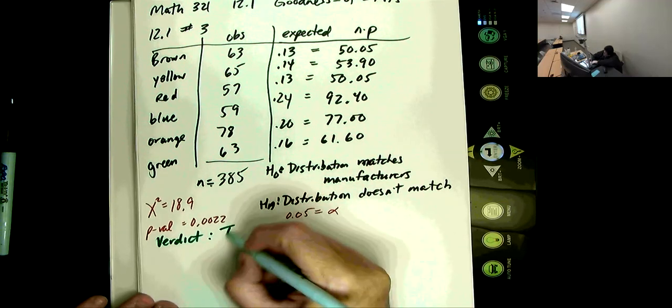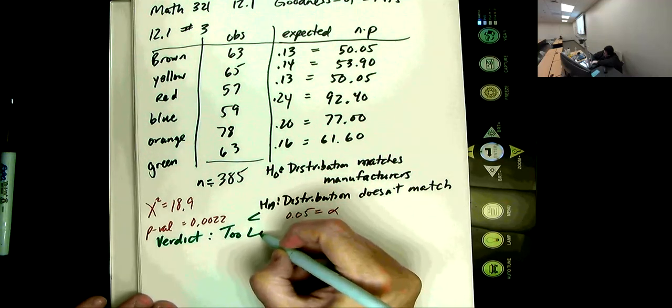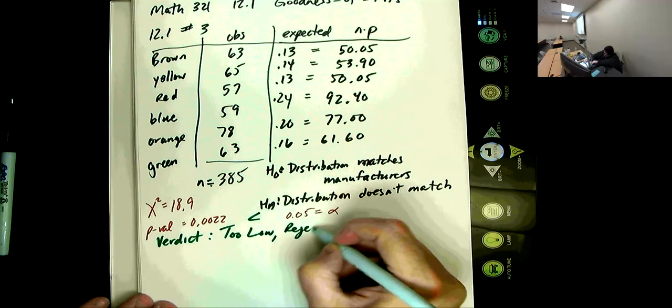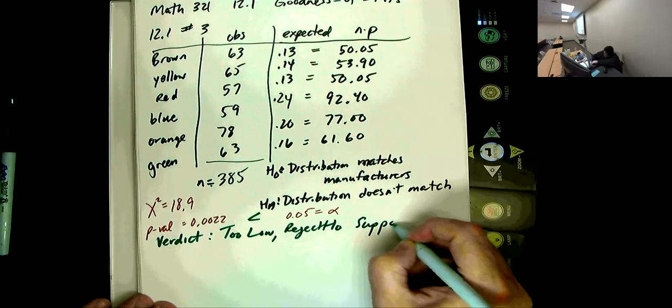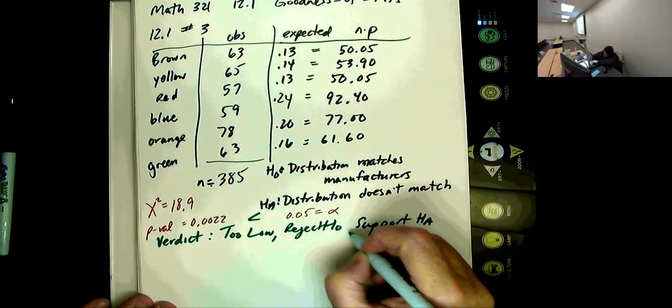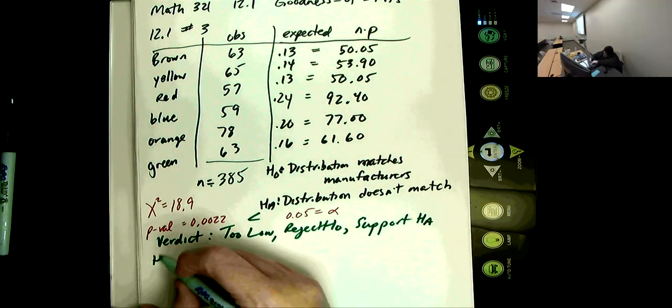It's too low. Reject the H naught, which means support HA. And HA is there.